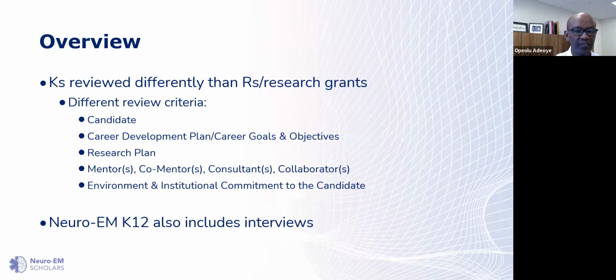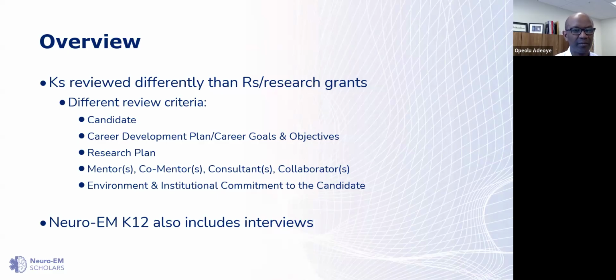The review criteria start with the candidate, then the career development plan, career goals and objectives, and the research plan, which is where most of us tend to spend our time, right?